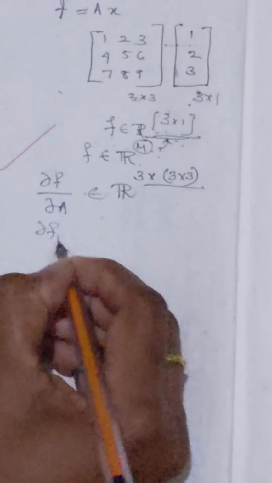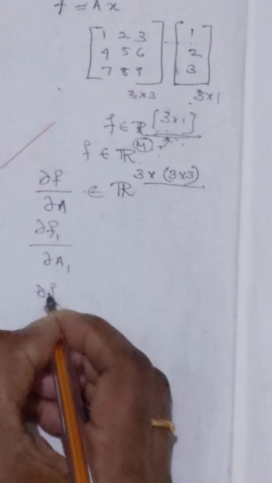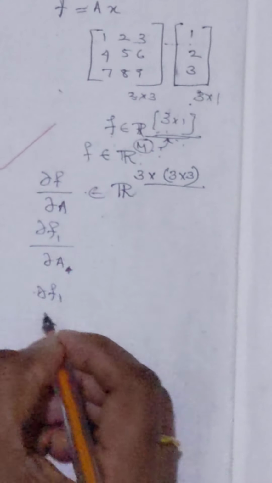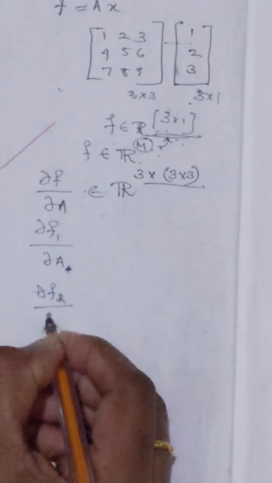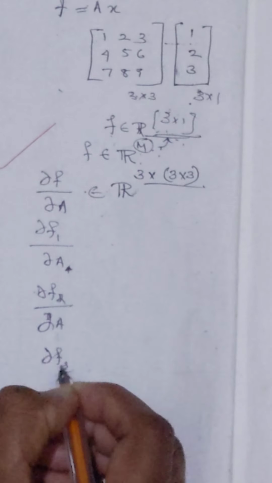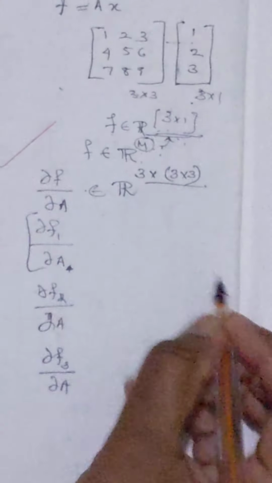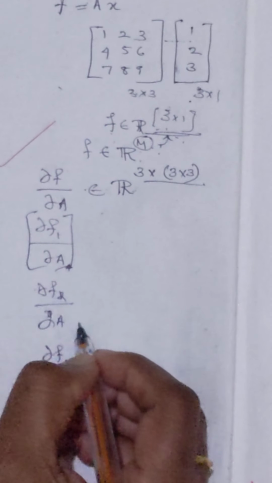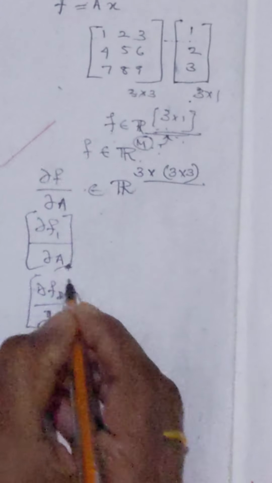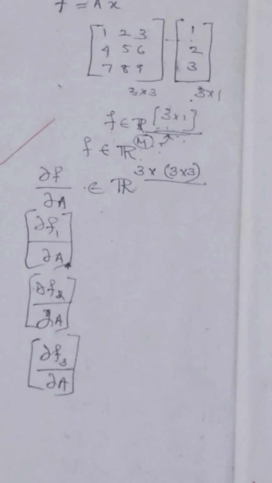You need to find del f1 by del A, then del f2 by del A, and finally del f3 by del A. These are the partial derivatives that you need to find, and cascading all of these, you will get the gradient. So how do we find that?